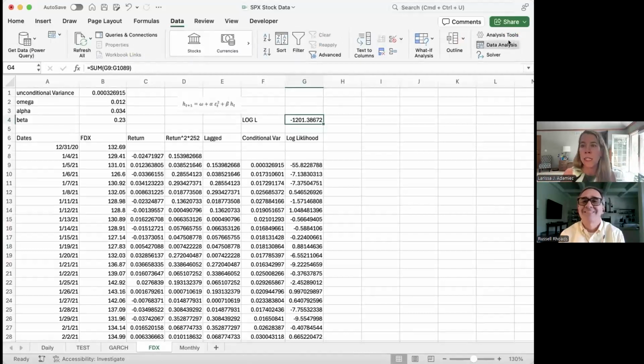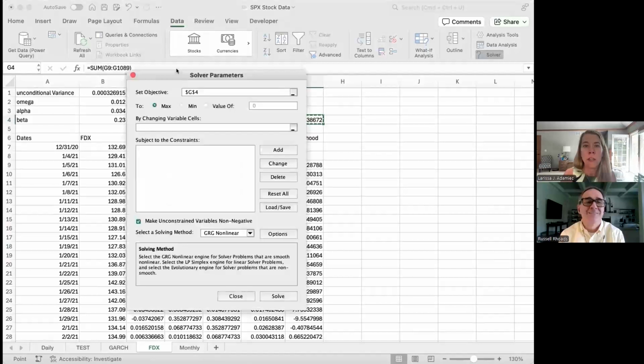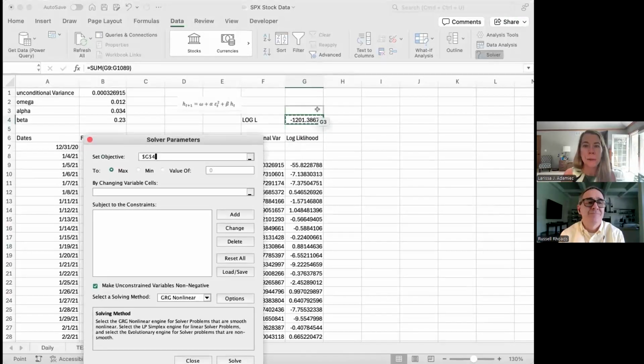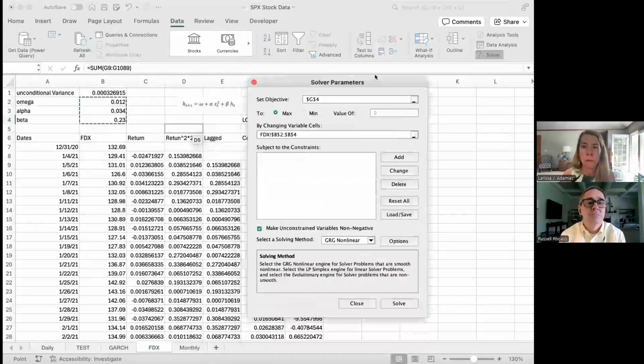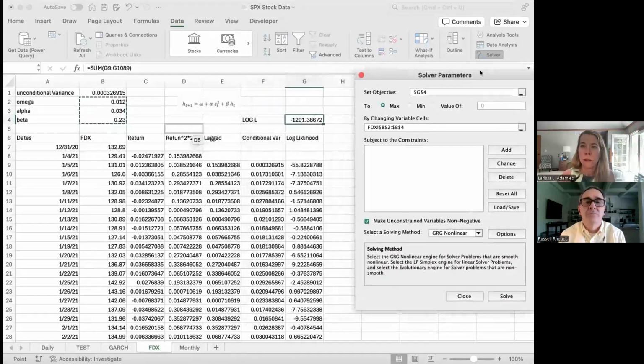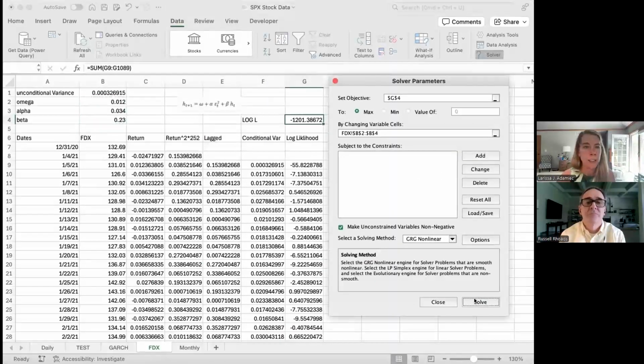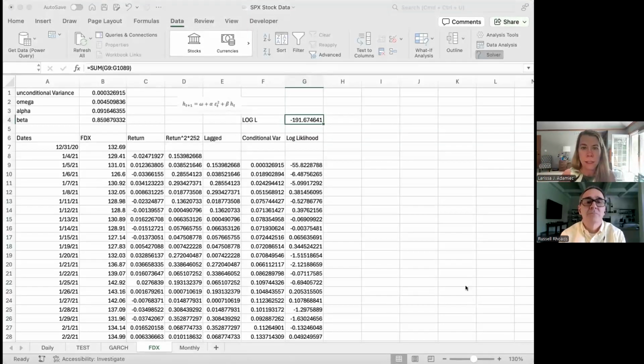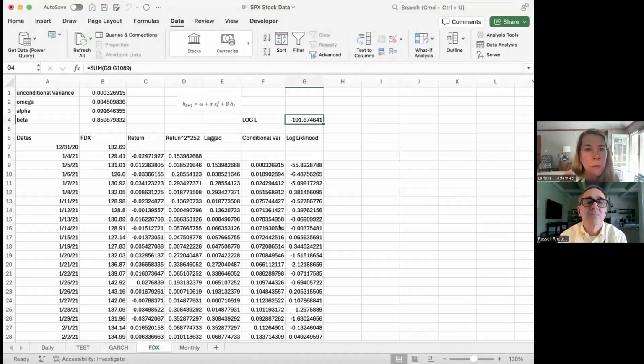So go over to Data, Solver, and we are going to maximize this function by allowing Solver to come up with the correct values for omega, alpha, and beta. And we are going to hit solve. It says okay.